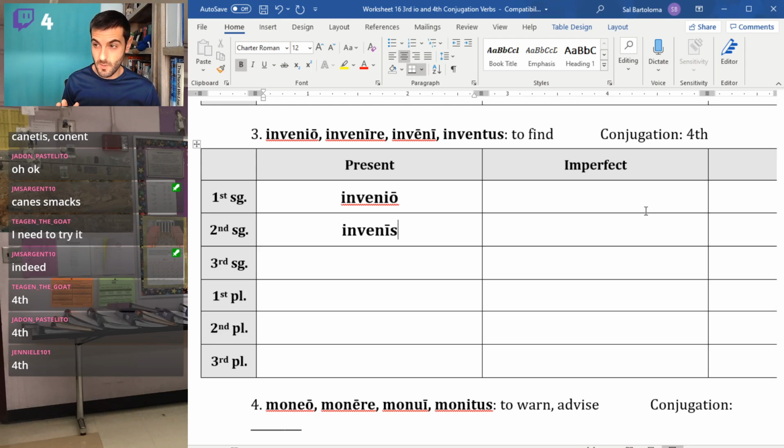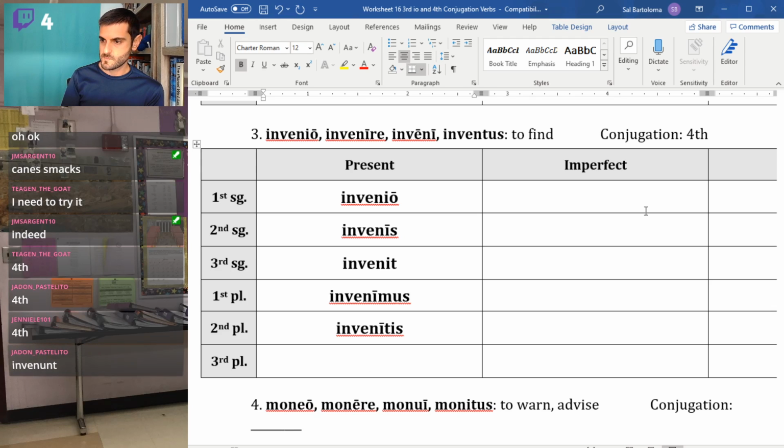Oh, what's up, Jenny? So, invenio, right? Invenis, that's a long I. Again, I'm more concerned with spelling than long marks. Invenit. Invenimus, another long mark. Invenitis, another long mark. What is my they form going to be? This is one that is a little tricky. You're close, Jaden.